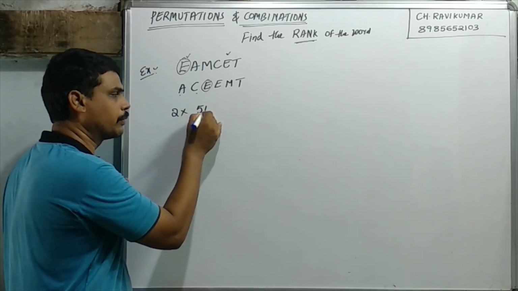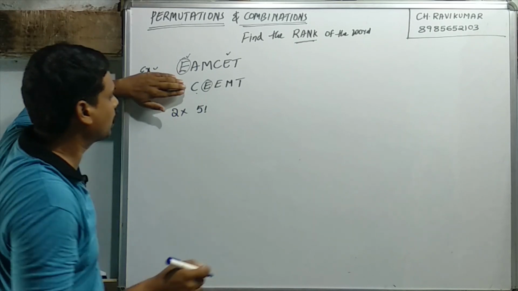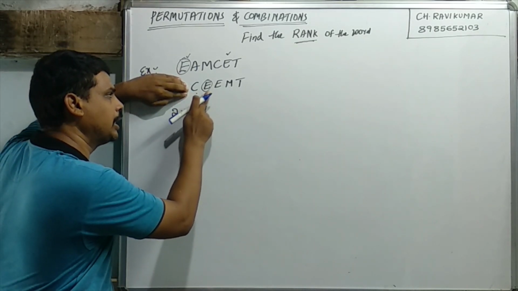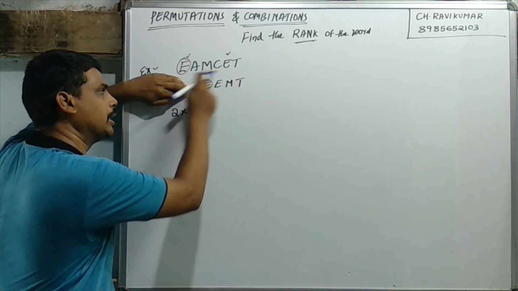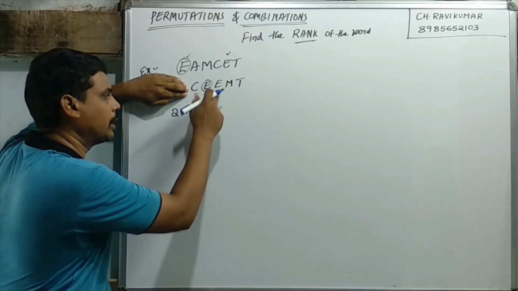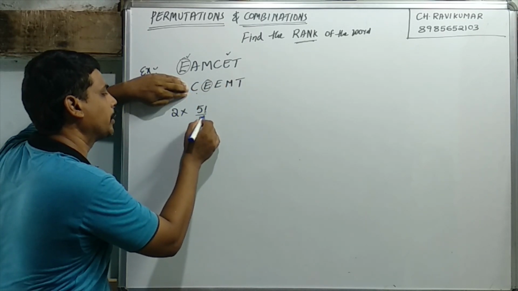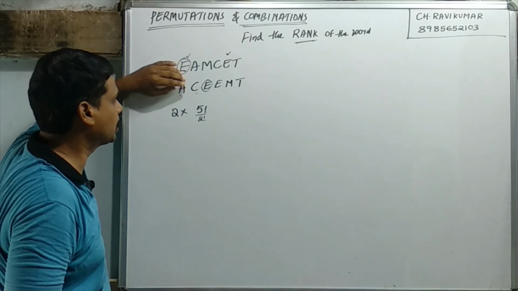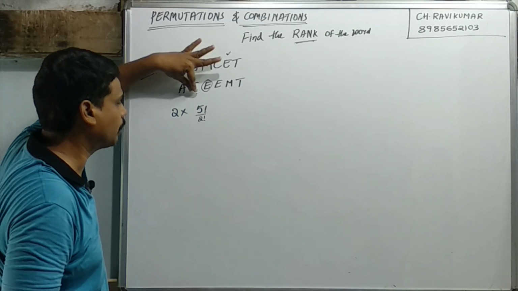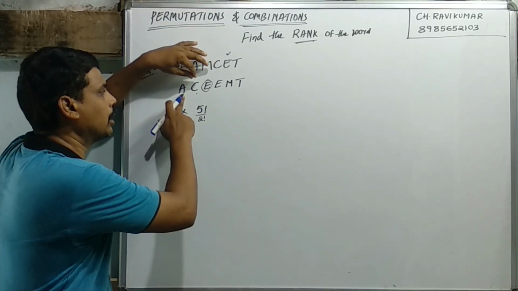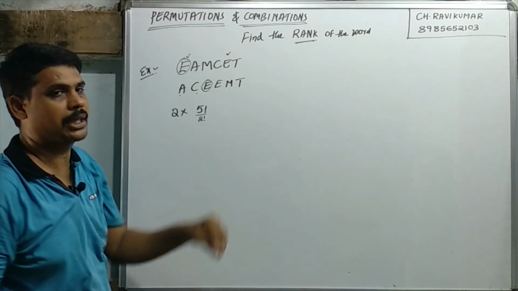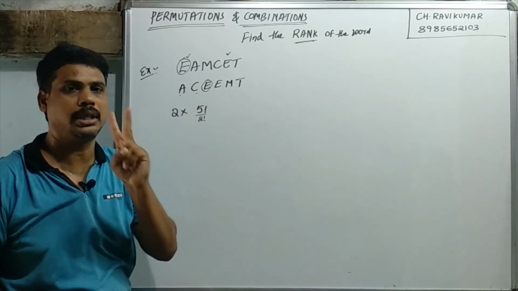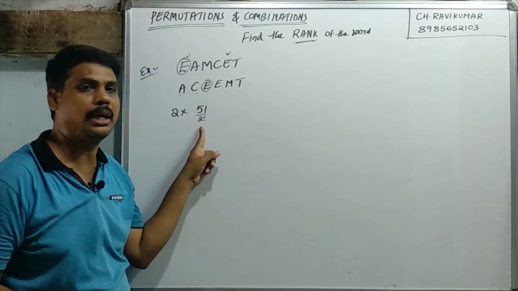If you start with E, there are 5 letters remaining: C, E, E, M, T. In this, 2 are repeated, so you have to divide by 2 factorial. Once you observe this, if you take A or C, whatever it may be, the remaining 5 letters can be arranged in 5 factorial ways, but in this there are 2 E's, so you have to divide by 2 factorial.